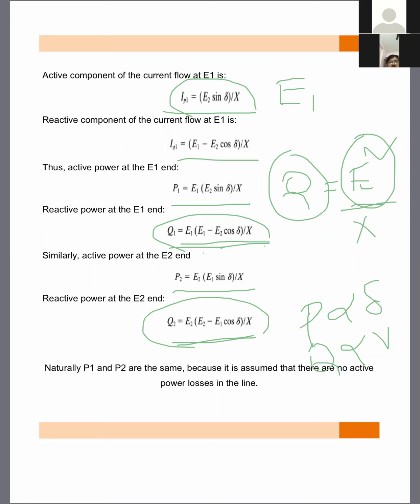Real powers are equal because there is no real power loss in the transmission system. Resistance is absent, only reactance X is present. So reactive power is different at different nodes, whereas real power is the same at the sending end and the receiving end.